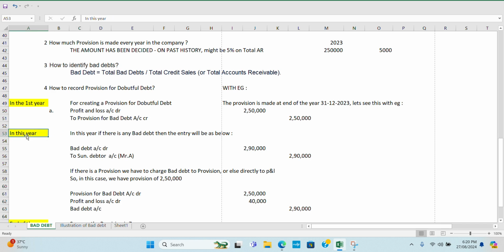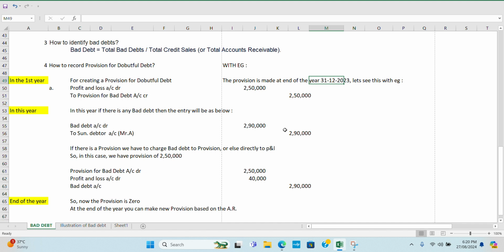So what happened in this year? In 2023, there is a bad debt of 290,000. What is the entry you pass?